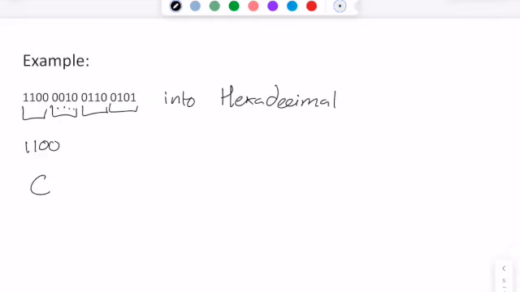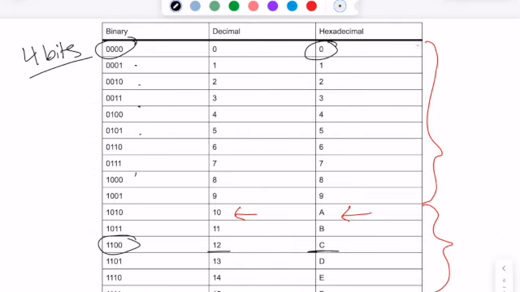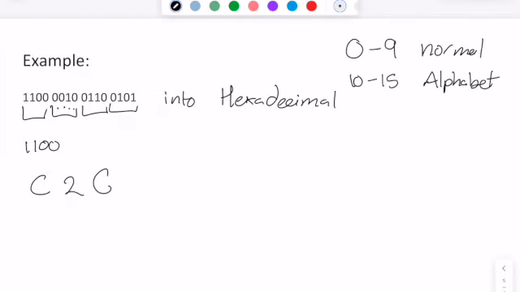If we remember that hex is 0 to 9 as normal, and then 10 to 15 are the alphabet, this is going to be 2, so that just stays as 2. Now we've got 0, 1, 1, 0. Look over here, 0, 1, 1, 0, right here. That's going to be 6, so we leave that as 6.